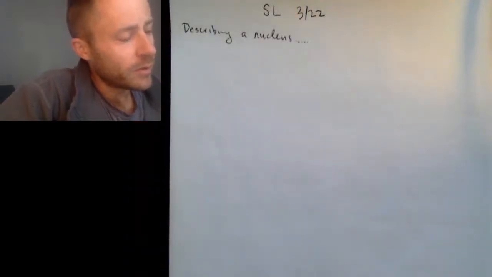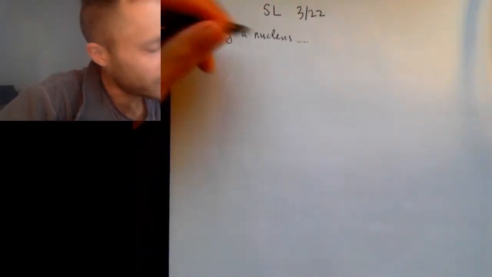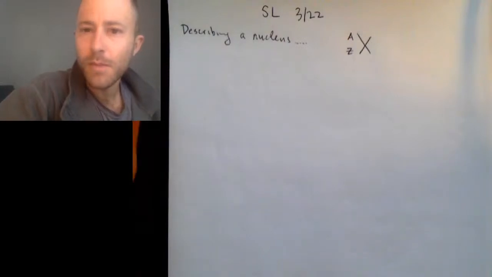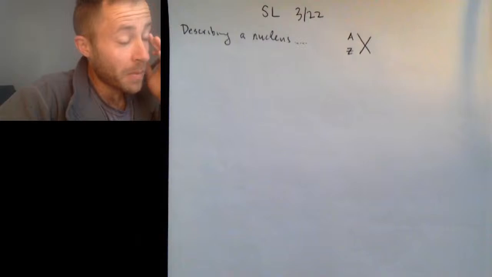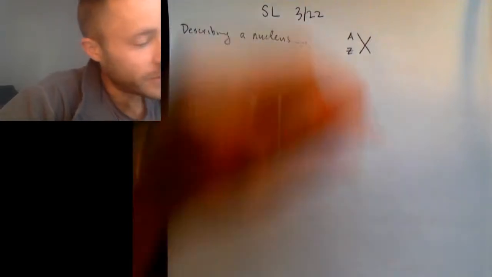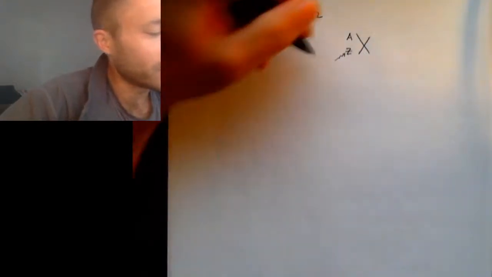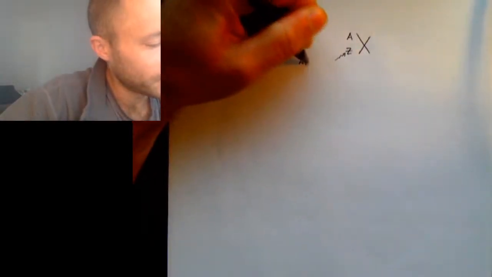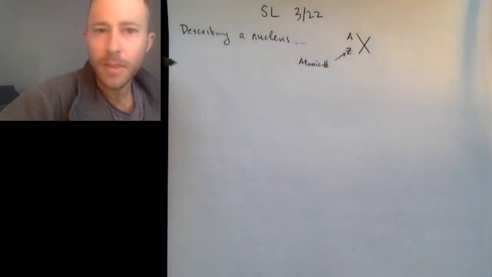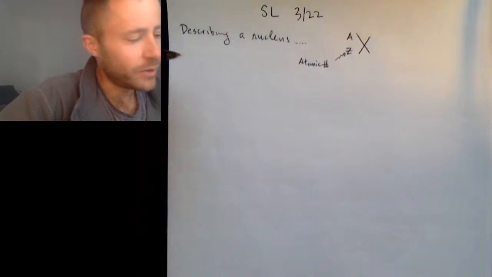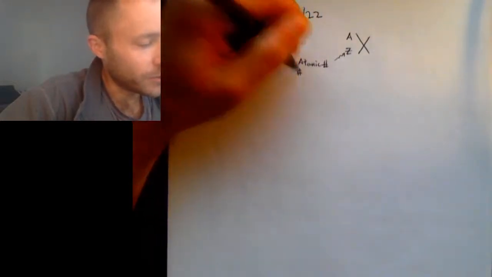The way to describe a nucleus is you write it as ZAX. So Z is the atomic number, also known as the number of protons.